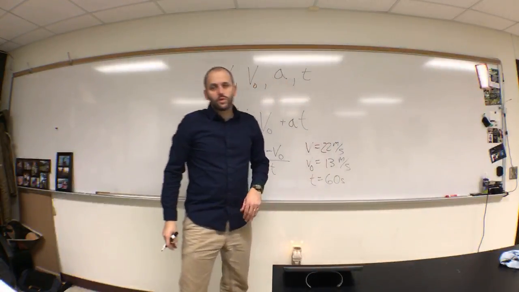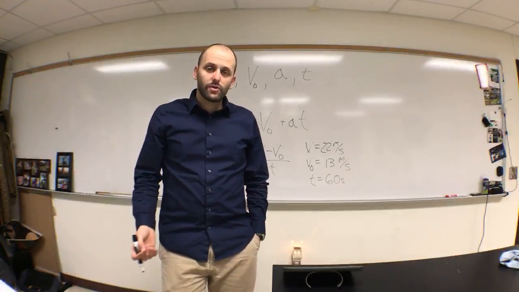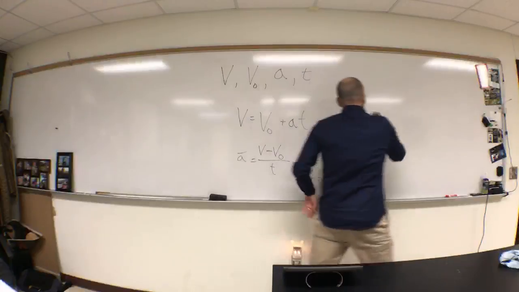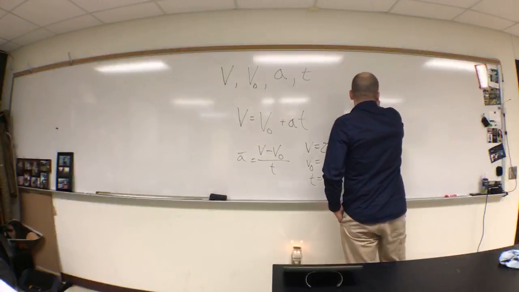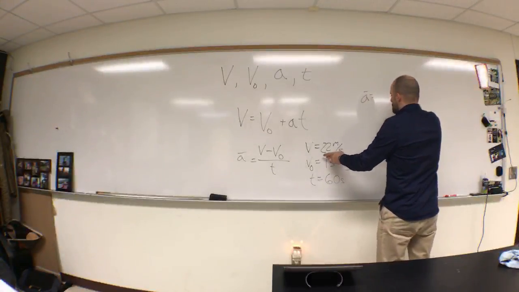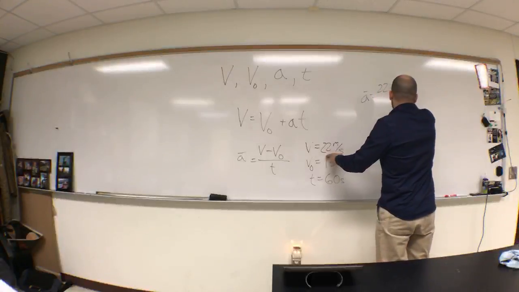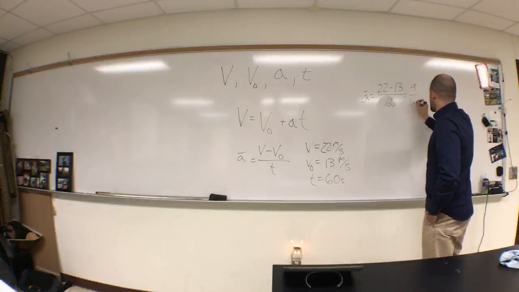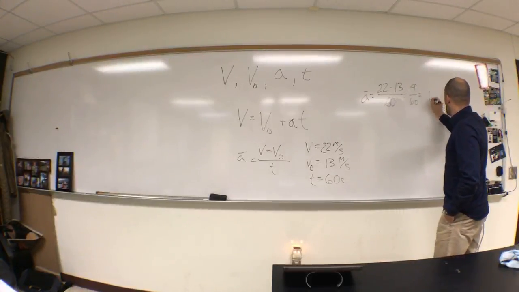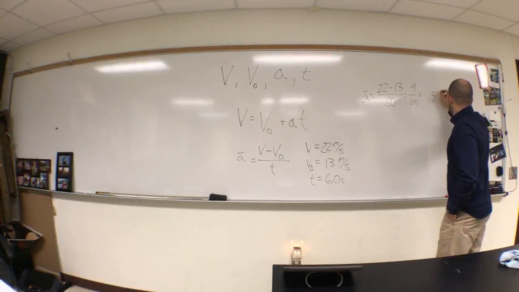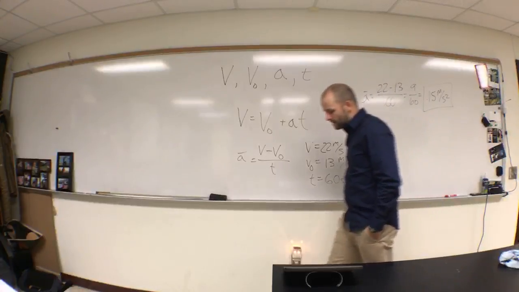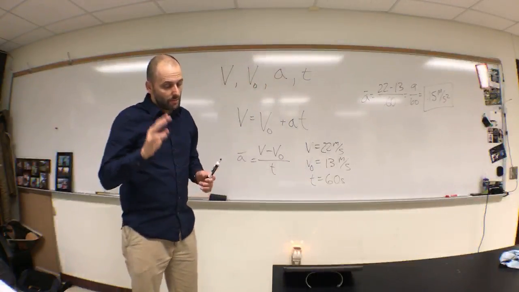If you plug those variables into the equation, you should get something along the lines of this. The average acceleration is going to be equal to 22 minus 13 divided by 60, or 9 over 60, or 0.15 meters per second squared. So that would be your answer to number 3.